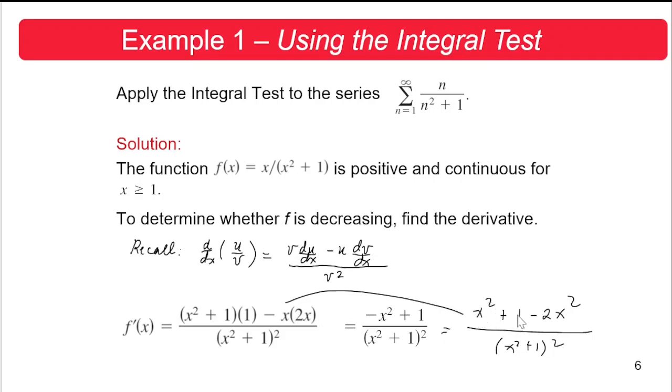But x squared plus negative 2x squared is negative x squared, so we have negative x squared plus 1, all over the square of the denominator, (x squared plus 1) quantity raised to the second power.